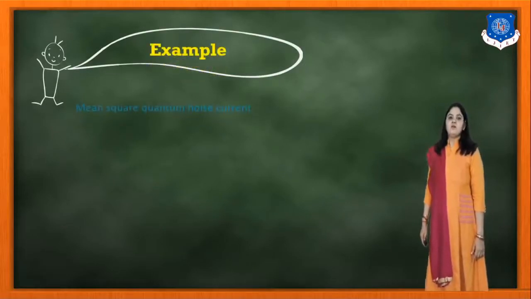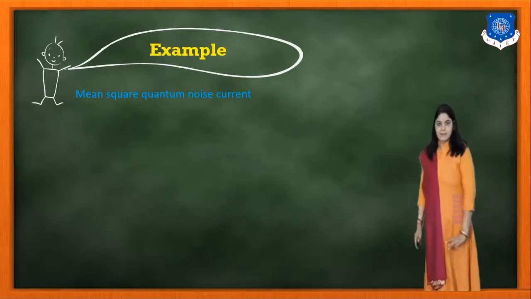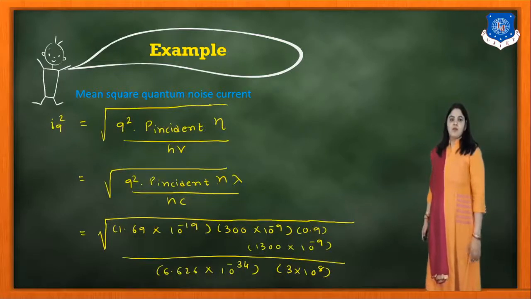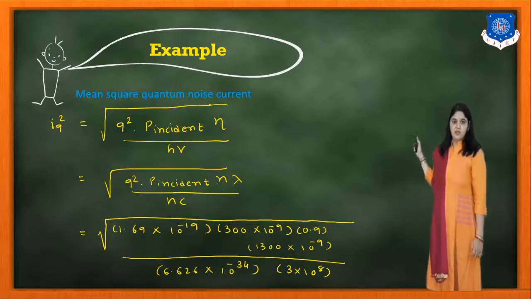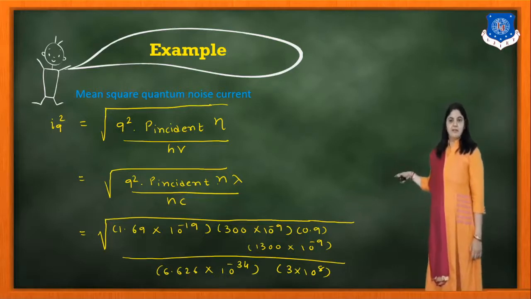Okay, so now we'll write the equations, and one by one we'll solve the example. Mean square quantum noise current. What is it? IQ² is equal to 2q² P incident eta upon hν. So now we'll put the value of ν in the next equation. So it is q² P incident eta lambda upon C into h.